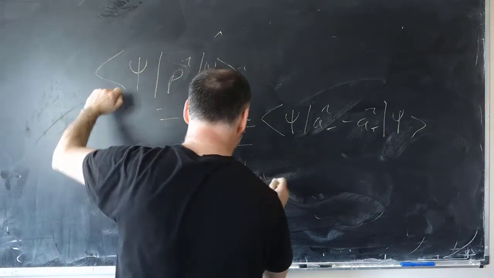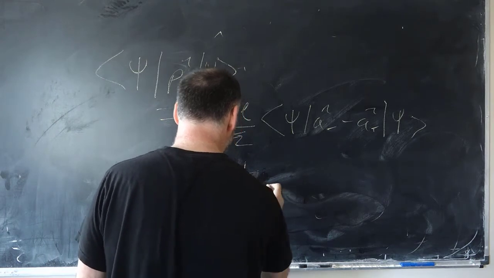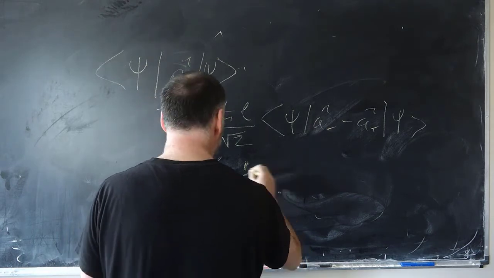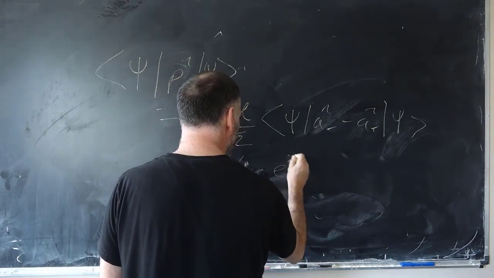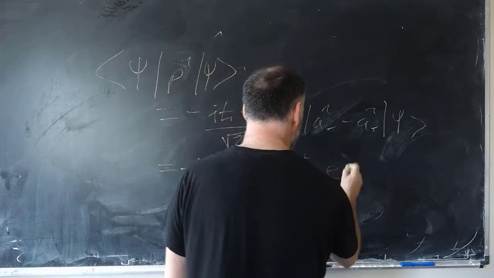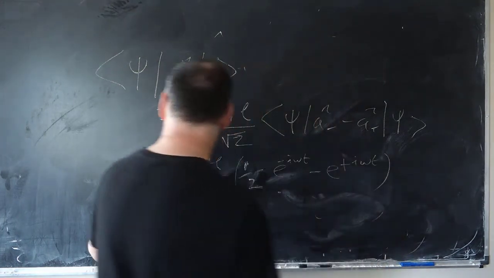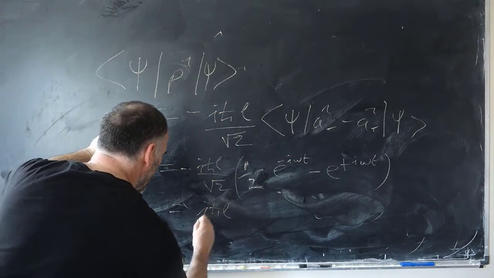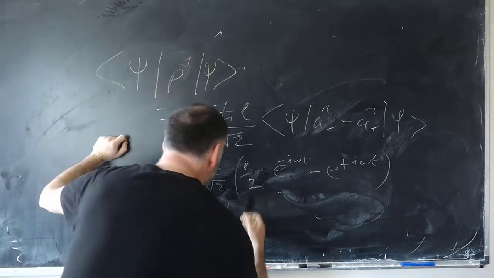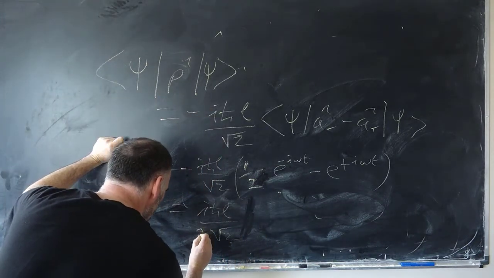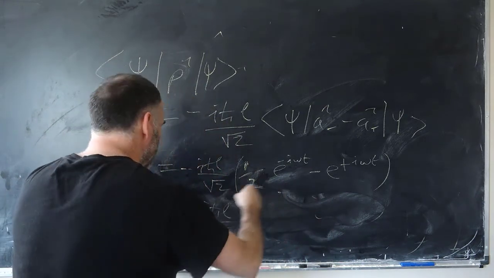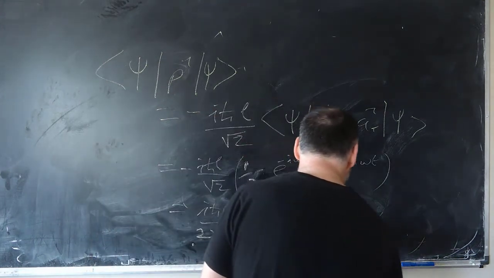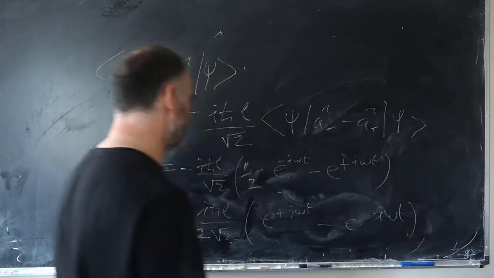There's a factor of a half, stemming from the products of those 1 over root 2's for normalization. Half e to the minus i omega t minus e to the plus i omega t. Let's get rid of this negative, flip that round, so that's i h bar over L root 2. Let's take that factor 2 out here, into, flip this round because we got rid of the negative, e to the plus i omega t minus e to the minus i omega t.